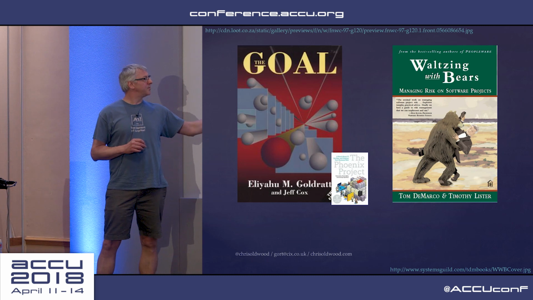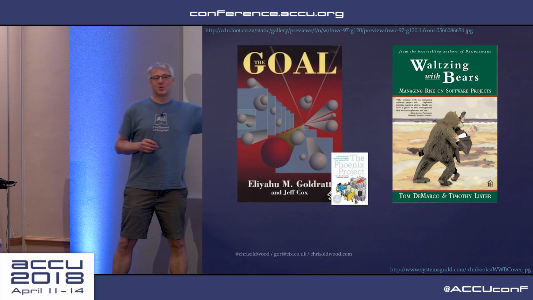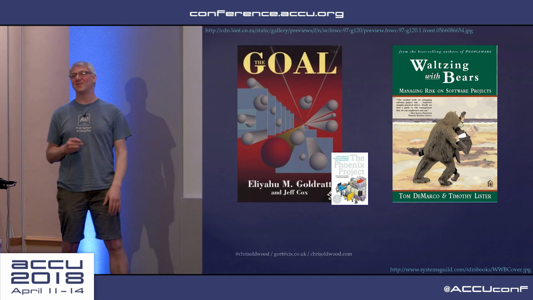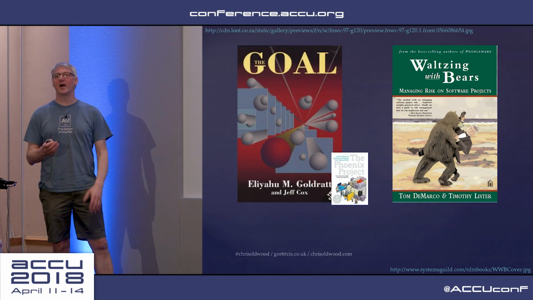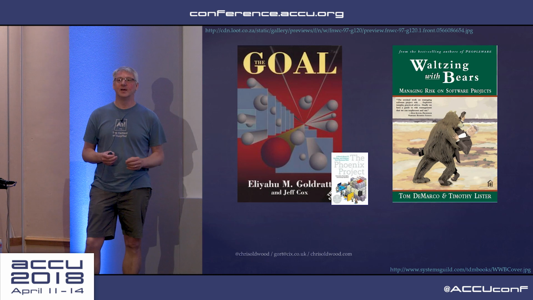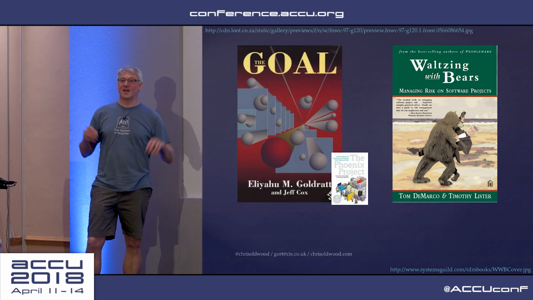I personally preferred The Goal, because you get a bit swept away with The Phoenix Project, thinking, oh yeah, I've worked in that organisation, or with those people. Whereas The Goal was set in a different industry, so I wasn't distracted by the amusing IT anecdotes. But either way, you can get them for a quid or whatever.